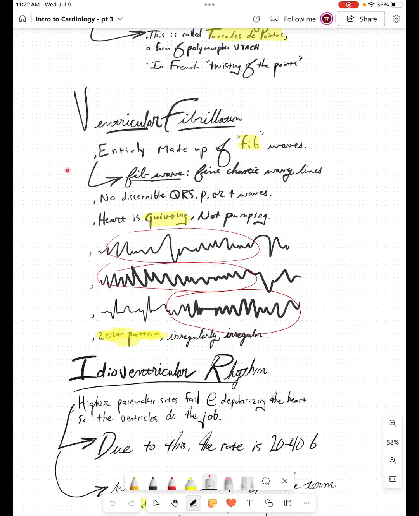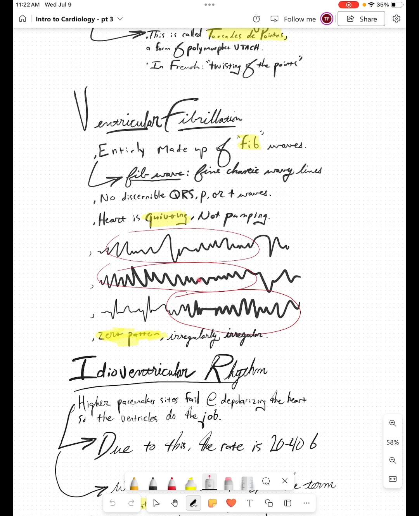I have some examples of what that might look like down here. This is a fairly easy rhythm to identify, in my opinion. It's squiggly lines, fine squiggly lines, and it could look like this, it could look like that, it could look many different ways.